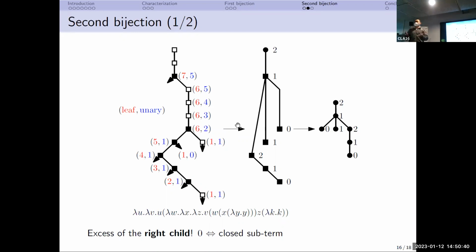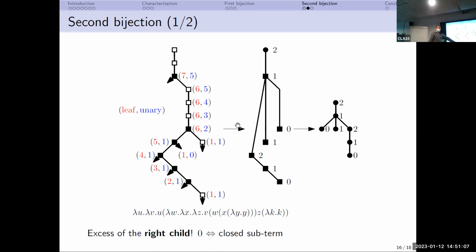This is the maximum possible, but we can take away some of them using the abstraction. In fact, we can take as much as we want, as long as it is well scoped. So we can take away all of them, up to having 0 free variables.